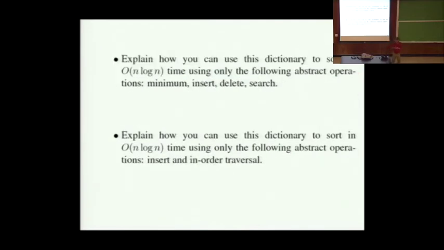What is the last one? I'm allowed only insert and in-order traversal. Now knowing about in-order traversal is a good thing. We talked about that at the beginning of class. How would I do that? What would be my algorithm? First I've got to build my tree, so it goes for i equals 1 to n, insert.